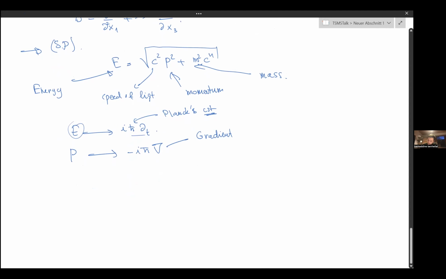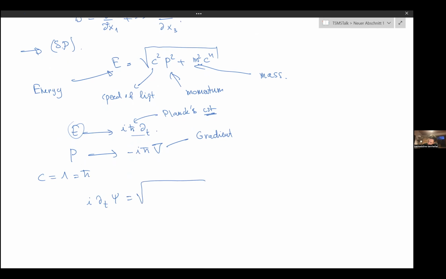So let's take c equal to 1 and h bar equal to 1 and so on. Then you will have the following: i ∂t of the function psi is equal to the square root of minus Laplacian plus m squared applied to the function psi. And you get this equation.